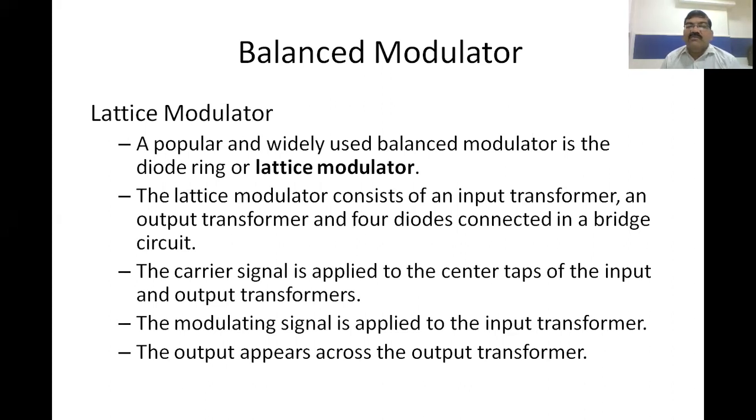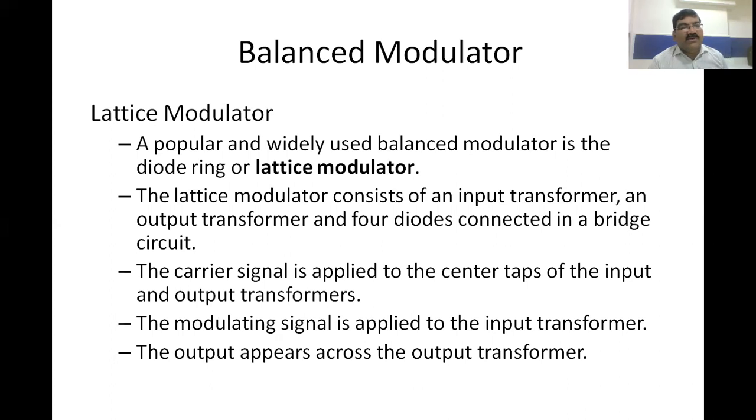Another one is the lattice modulator, a popular and widely used balance modulator. It has diodes in a ring fashion. This is the lattice modulator, and we will see the circuit. The lattice modulator consists of an input transformer, an output transformer, and 4 diodes connected in a bridge circuit.